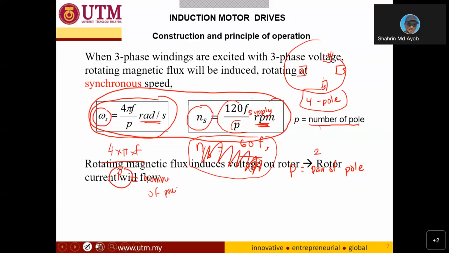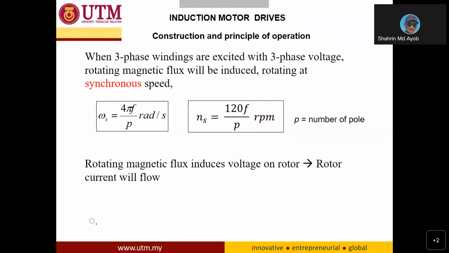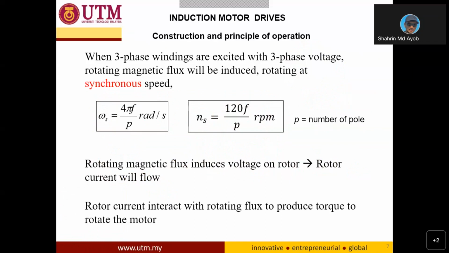So the synchronous speed is what we refer to as the speed of the magnetic flux at the stator. And that flux, since we have the rotor, will induce voltage.